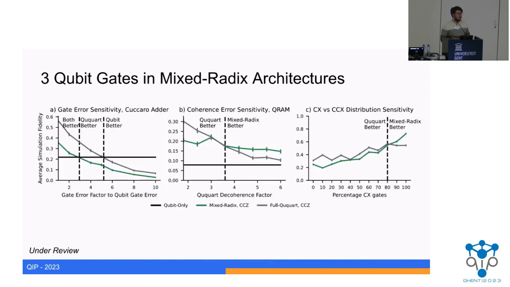Okay, so again, all these results depend on particular choices in the error and the coherence time, and we should study how much these wins depend on those particular choices. So essentially, we can view these plots here as how much better do qubits need to be relative to the Q-quart, the high-dimensional object, before it's no longer meaningful to employ this type of technique.